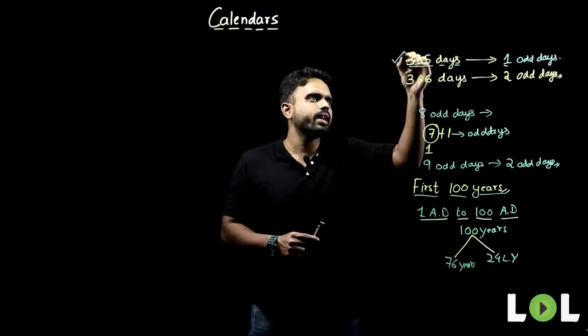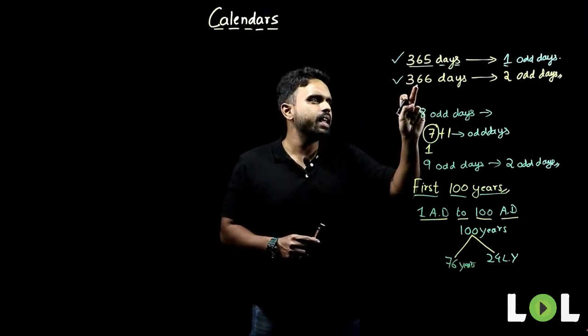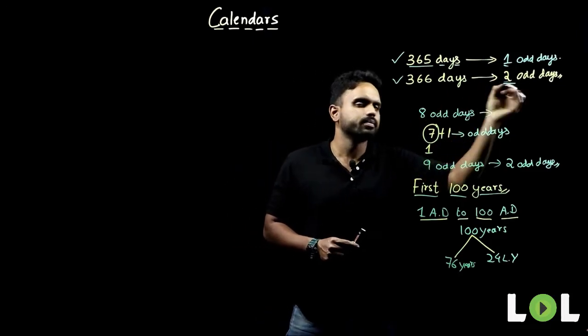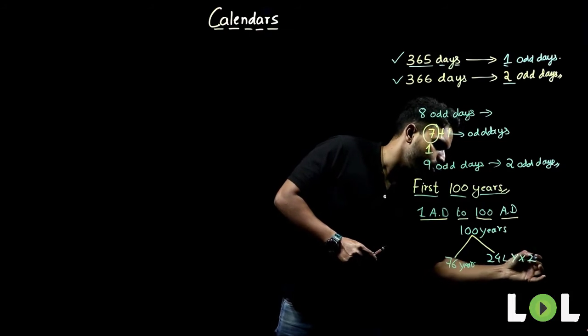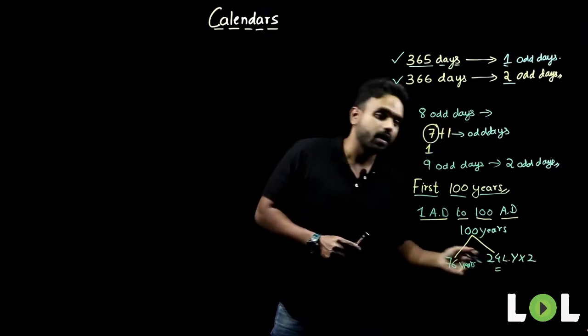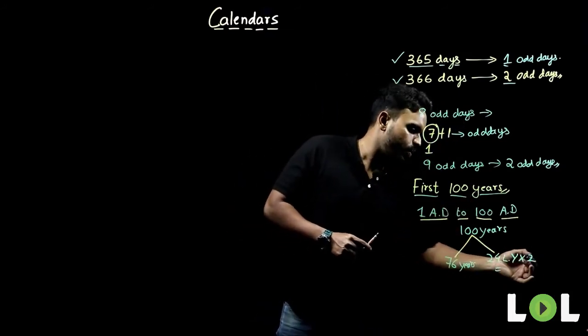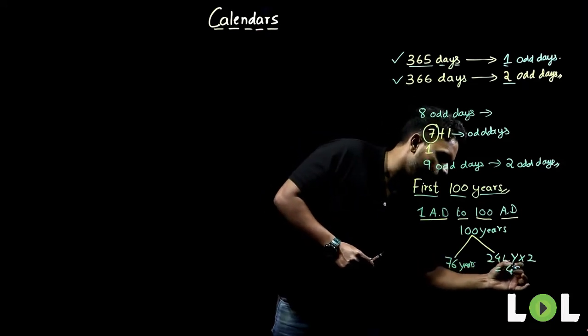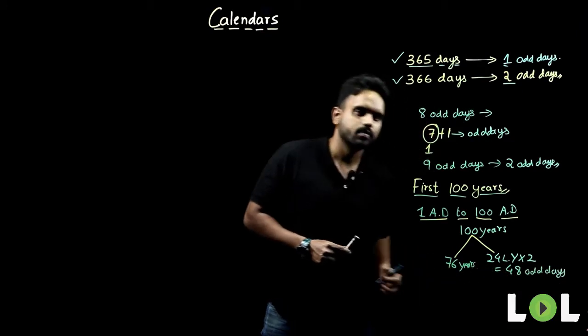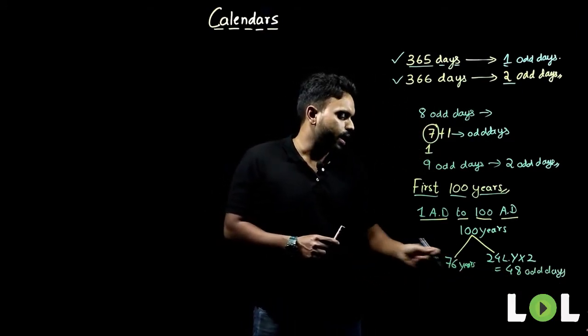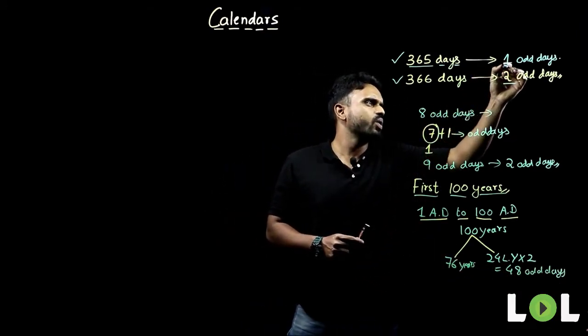And I've just now calculated that every leap year I have how many odd days? 2 odd days. Every leap year I have 2 odd days. So totally together, how many odd days will I have? 24 into 2. I'll have 48 odd days. Every normal year, how many odd days do I have?